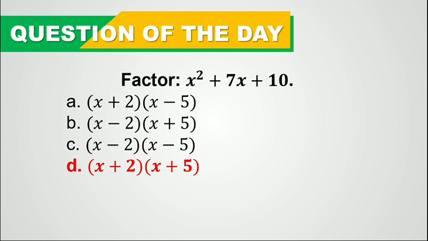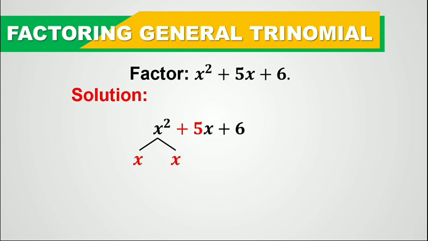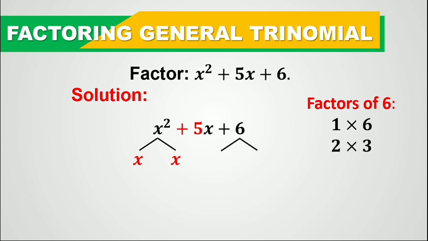Alright? Now, let's have more examples for you to understand this concept better. So, let's factor x squared plus 5x plus 6. Again, just factor the first term. x squared, that's x and x. The last term, 6. The factors of 6 are 1 times 6, 2 times 3, negative 1 times negative 6, and negative 2 times negative 3.